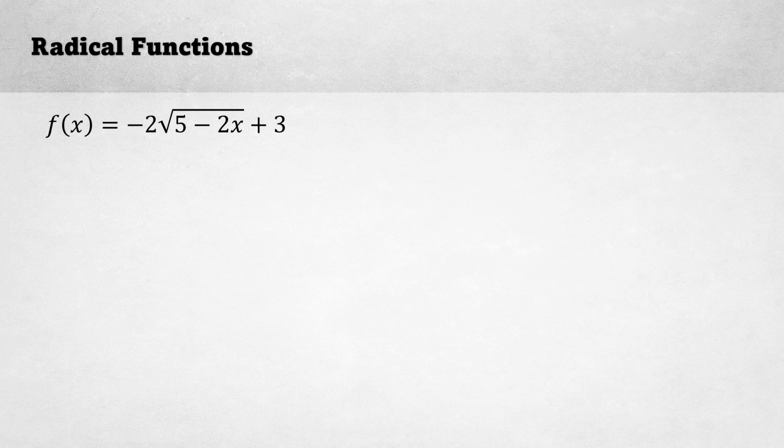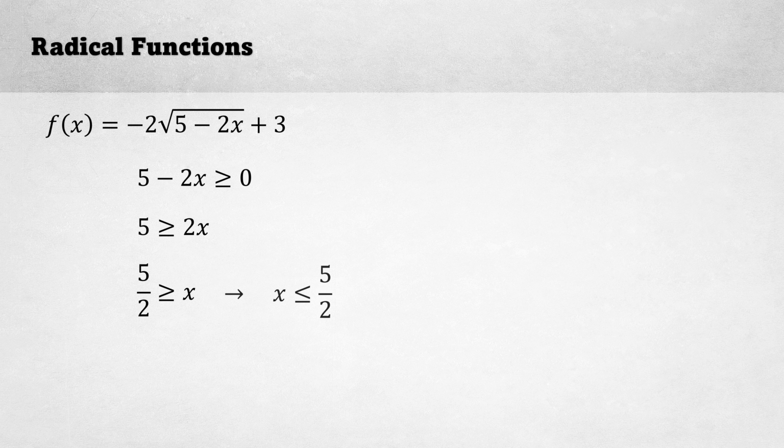Here's another example where we can find the domain of a function. We set the radicand 5 minus 2x greater than or equal to 0 and solve for x. We get 5/2 is greater than or equal to x, which is the same as saying x is less than or equal to 5/2. So the domain of the function is all real numbers less than or equal to 5/2. That is, from -infinity to 5/2, including 5/2.